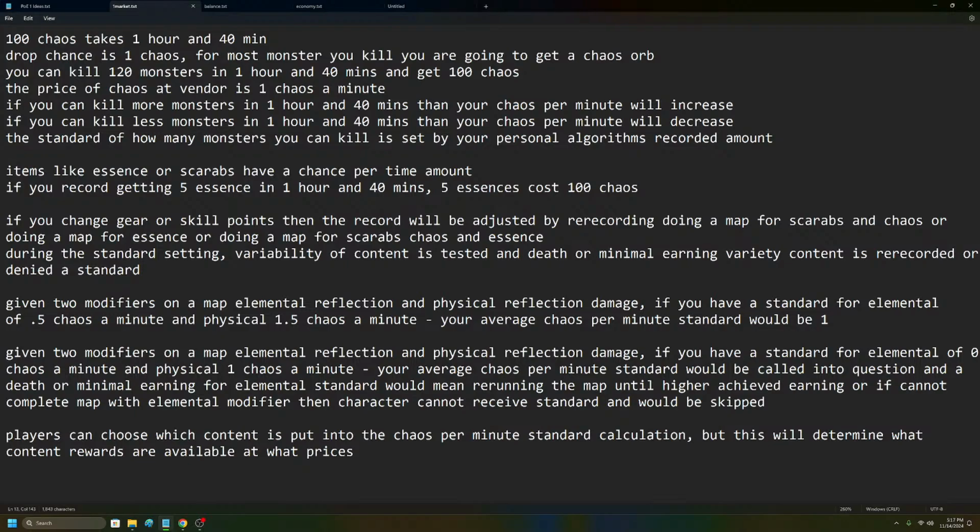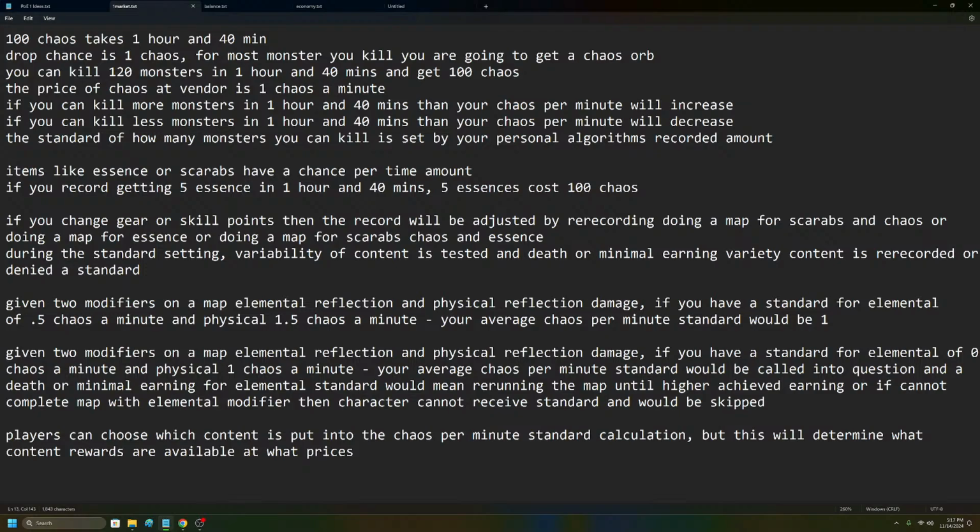Alright, so basically you would take this automated test, and in this test you would try to portray your profile character player style.